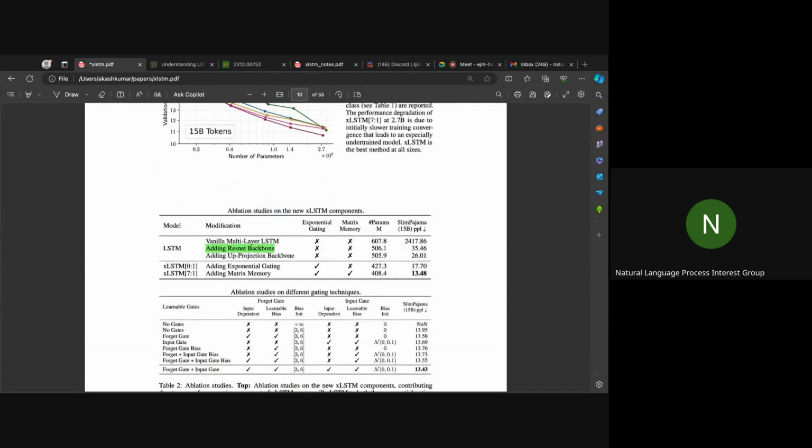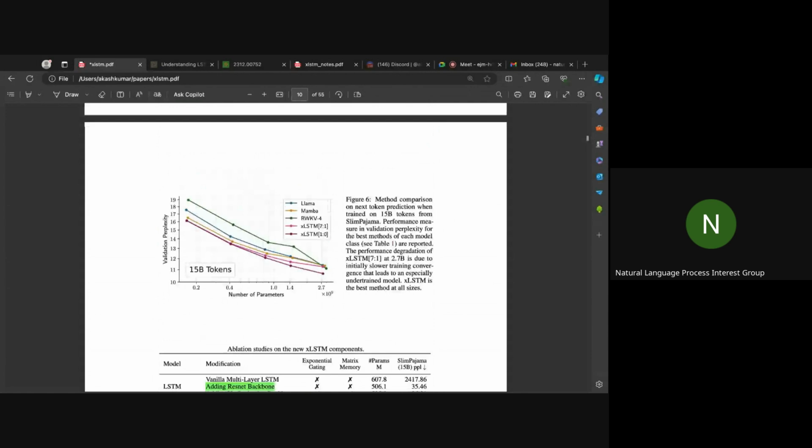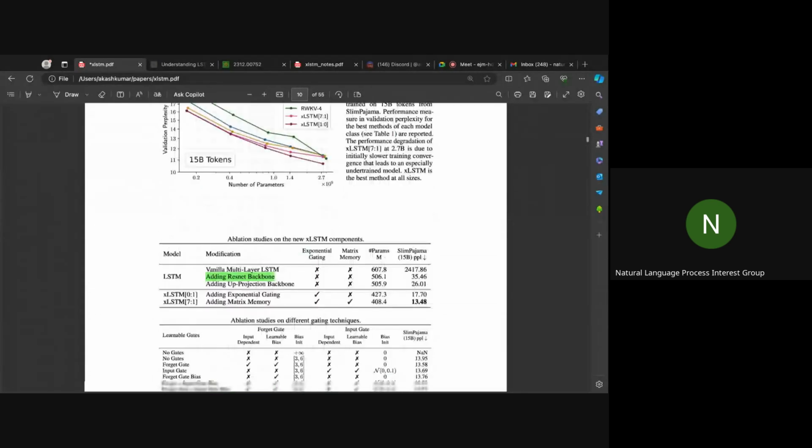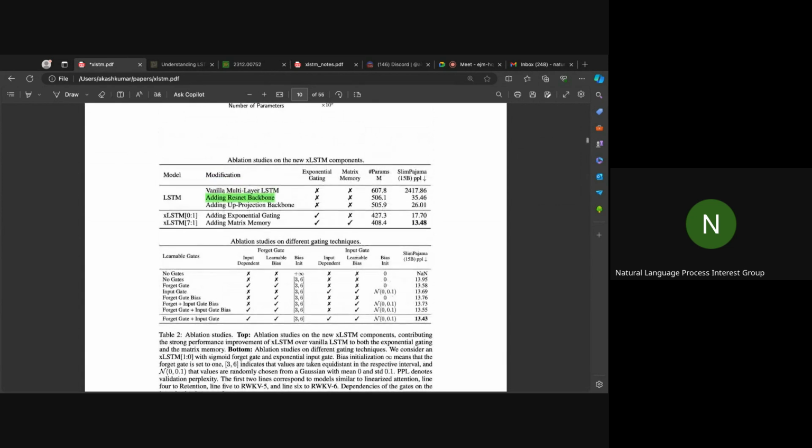And here they are talking about the ablation studies, and they are attributing the performance increase. What they're trying to highlight is, does adding exponential gating and the matrix memory, how much do they contribute to the overall performance increase in the model.